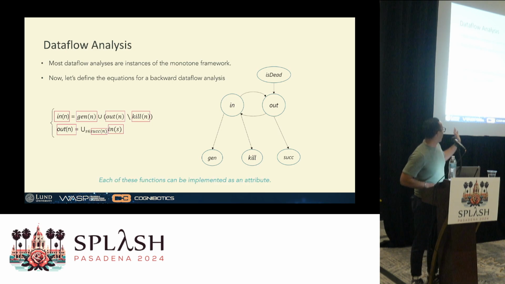Each of these functions can be implemented as an attribute. And this one is a static dependency graph of the attribute relation. But if we consider an instance of this one, we will have many more attributes, many more instances of in and out and is dead.